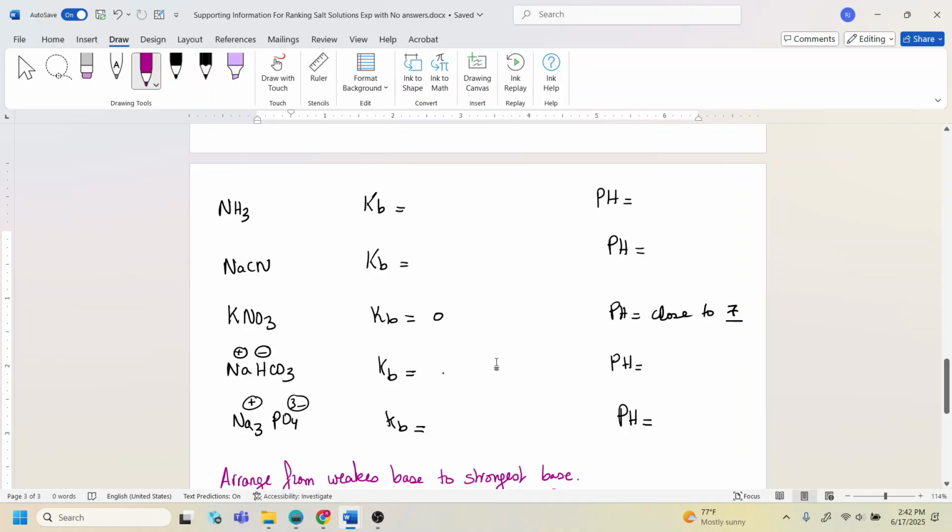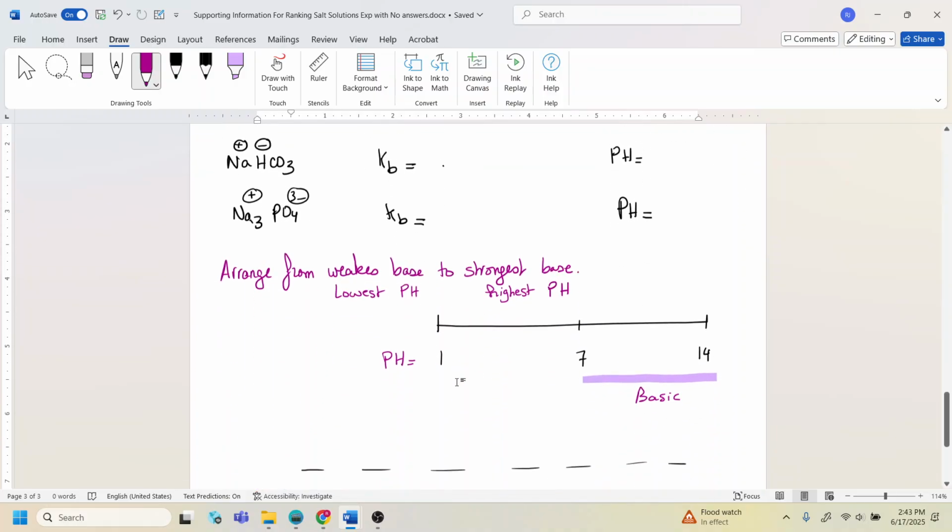So again, acids are either strong or weak, bases are either strong or weak. If acids or bases are strong, then they're going to undergo 100% dissociation. That will be reflected by their strong Ka or Kb value, which is greater than 1. And if the acids or bases are weak, then they are not going to dissociate completely. So it's not going to be 100% dissociation, and it will be reflected by their low Ka or Kb value, which is less than 1.